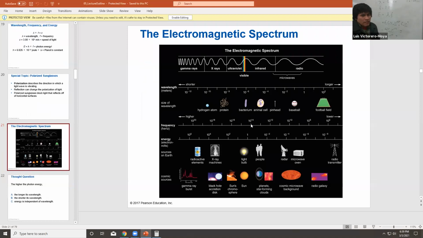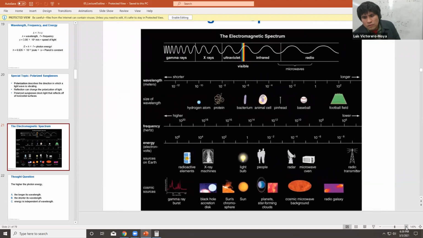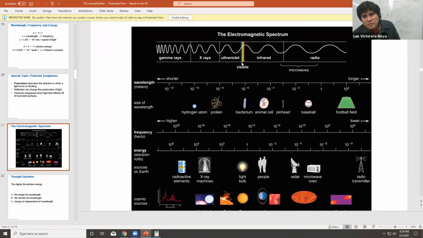There it is. This is a very important slide for an exam or a quiz or any sort of reference. You need to know this because this is showing you the full electromagnetic spectrum. As I said at the beginning, the visible part of the spectrum is very narrow. It's only that.